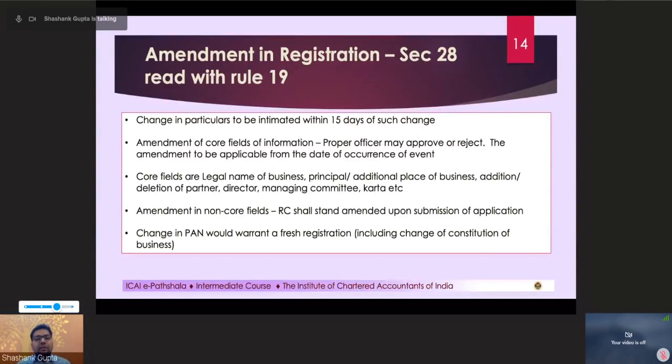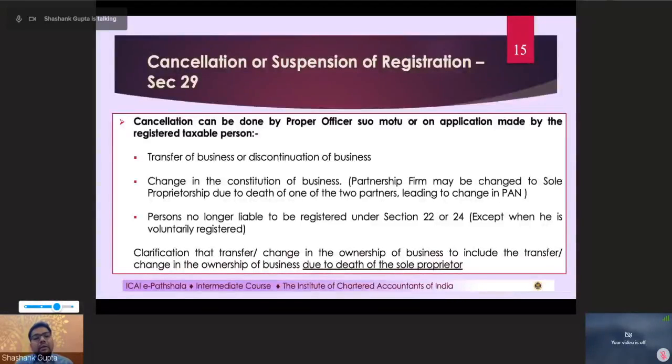Cancellation or suspension of registration. Cancellation can be done on making an application by the taxpayer. Suppose any person is discontinuing his business, of course he will apply for cancellation. And even the proper officer can suo motu proceed to cancel the registration of any taxpayer.